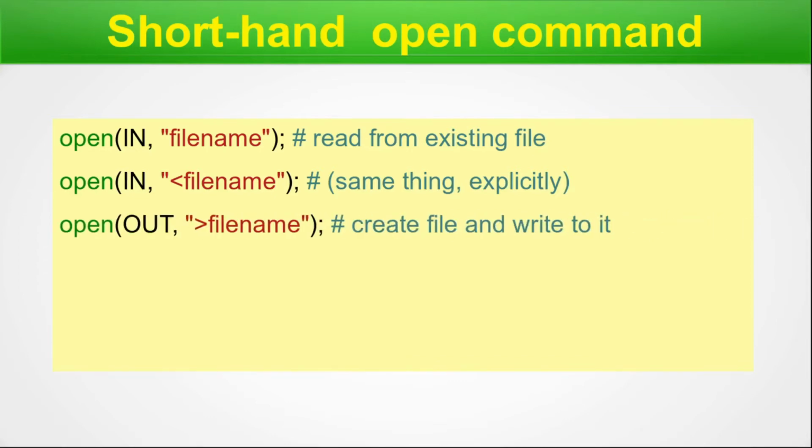Then we write open out, then write mode, that is right arrow, and then the file name. This file name could be not only a file name, it could also be a full absolute path of the file on the disk. So here I have just shown in when we are opening an input file, and out when we are writing a file. You can take these as a convention to remember or to debug your code.